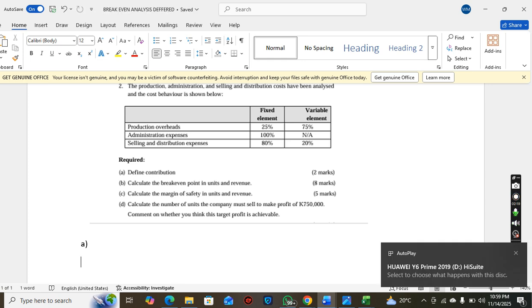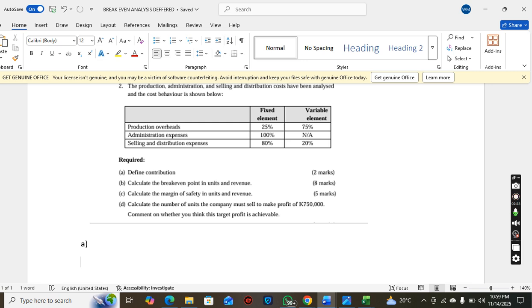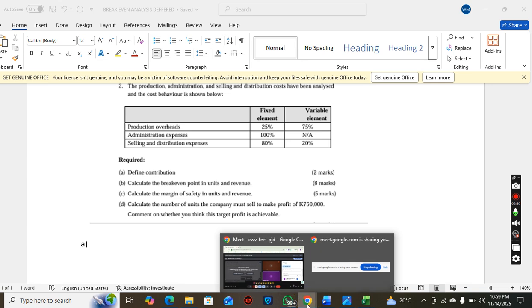Or Mr. Martina, what's your understanding of contribution? Oh, Mr. Martina has been kicked off. Yes, Madam Wanza. Madam Band.